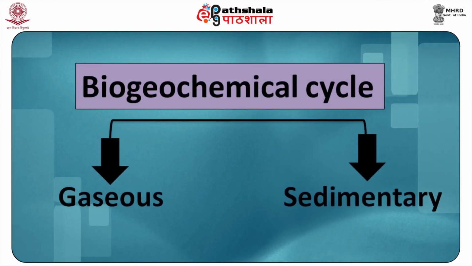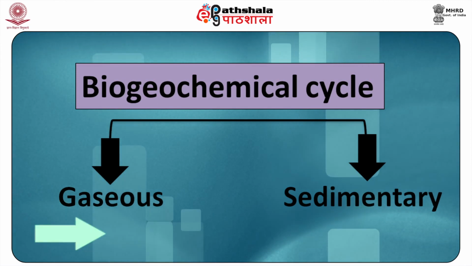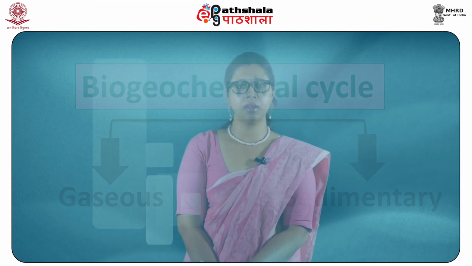Now, biogeochemical cycles are of two types, gaseous and sedimentary. In gaseous cycles, for example, those of carbon, nitrogen and oxygen, the main pool or reservoir is in the gaseous phase, while other pools may be in atmosphere, water or even land.